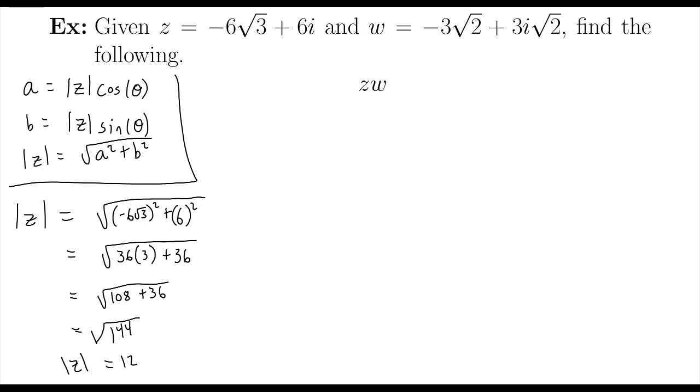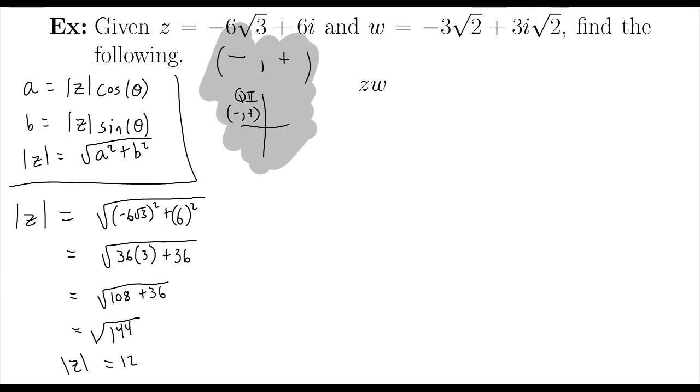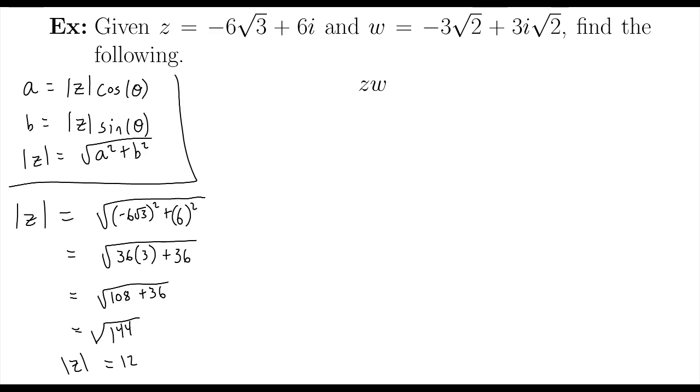We would say that z is in the second quadrant because it's a negative and a positive. Remember, a negative and a positive occurs in the second quadrant. We're going to use that to find theta for z. So a equals the magnitude of z times cosine theta. Well, a is negative 6 square root of 3, and the magnitude of z is 12 cosine theta.